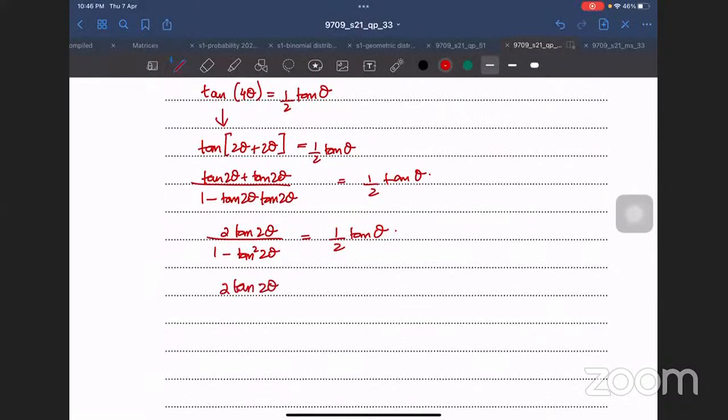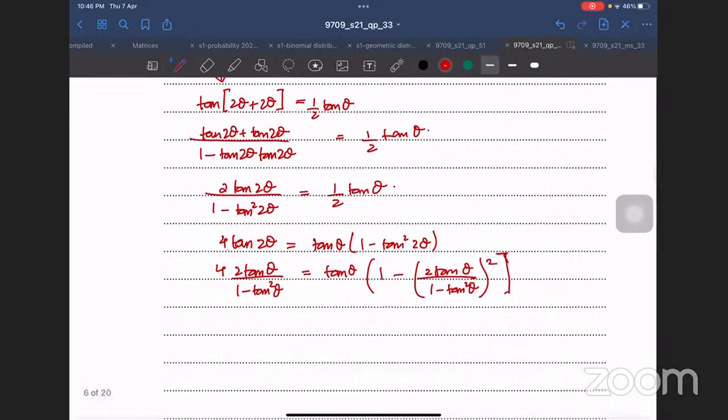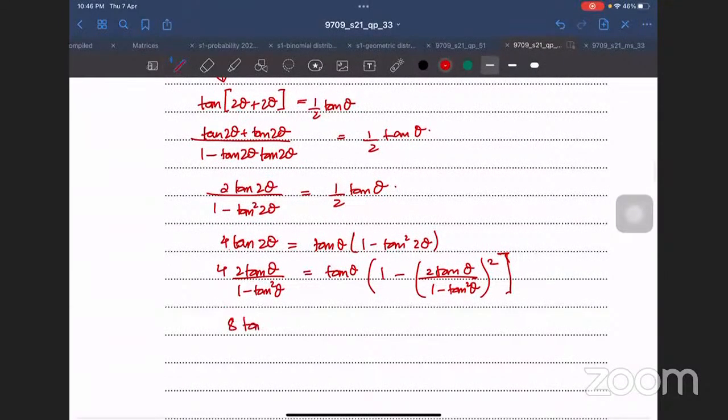I think that would be the better way to do it. So tan 2 theta is 2 tan theta over 1 minus tan square theta. And again, tan 2 theta is 2 tan theta over 1 minus tan square theta, this being squared again. So let's see what that becomes. This becomes 8 tan theta.